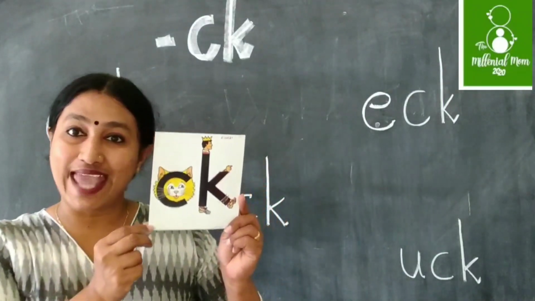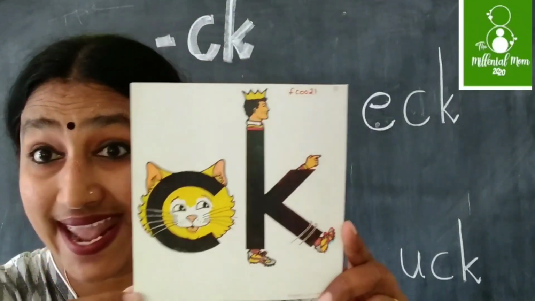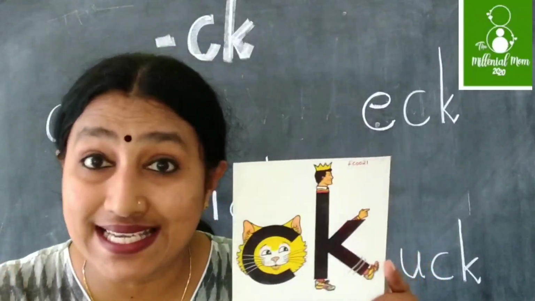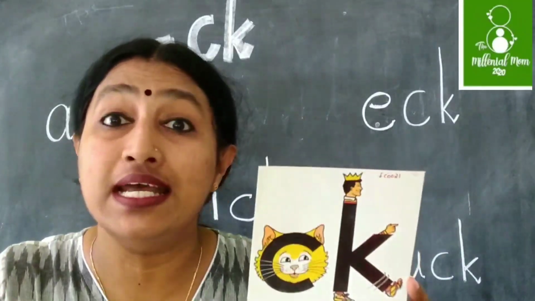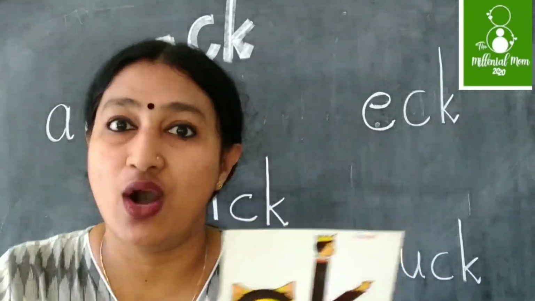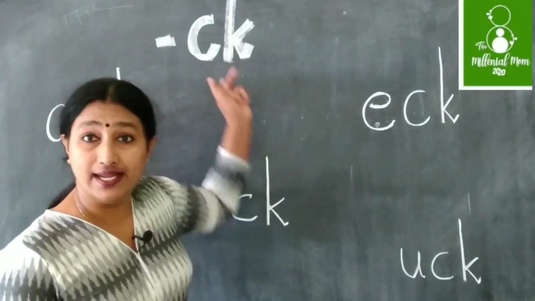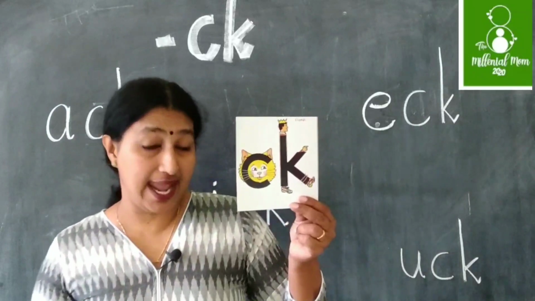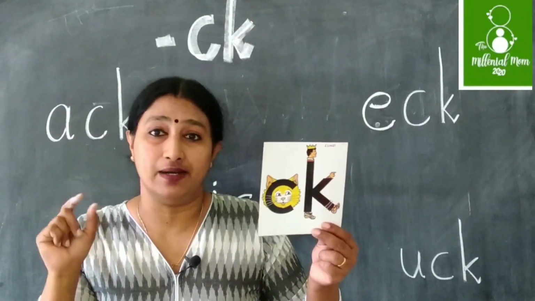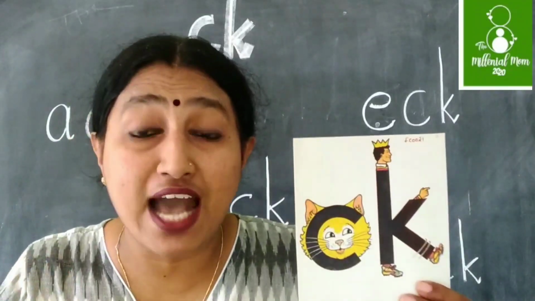Now, have a look at this one. C, K. Two letters that share the same sound. C and K, both of them say K. Now, when C and K come together in a word, the sound is K, K, K. Now repeat after me.